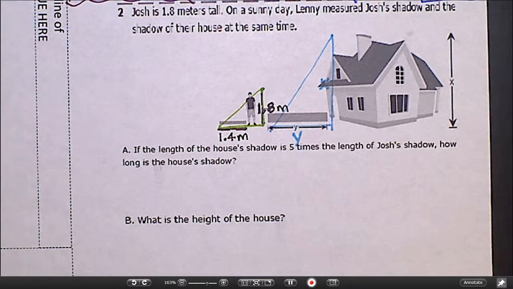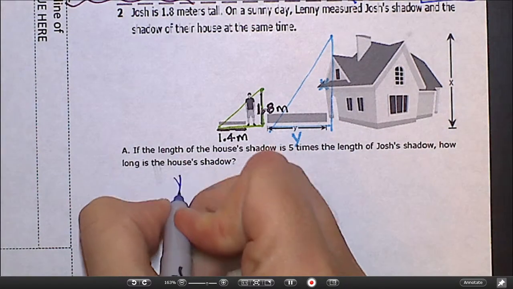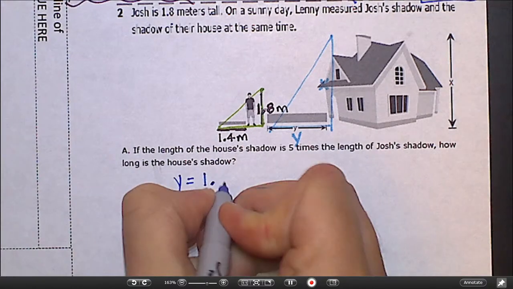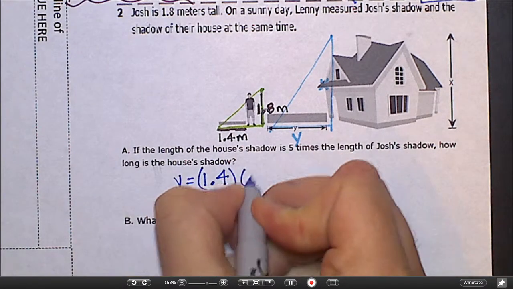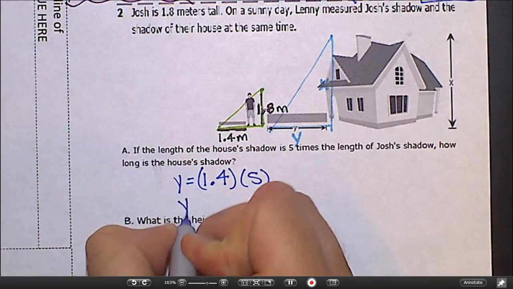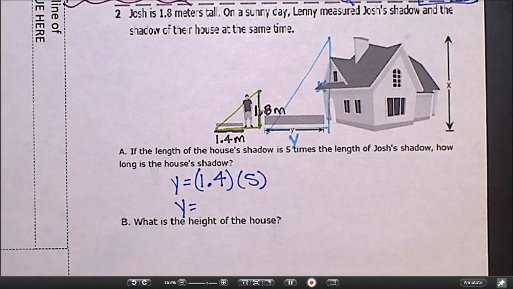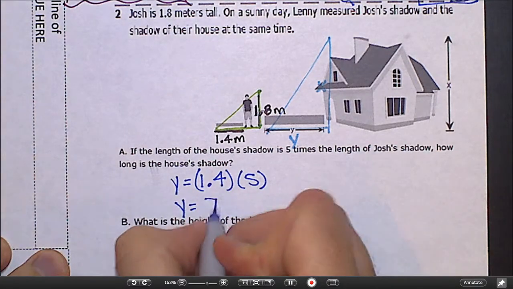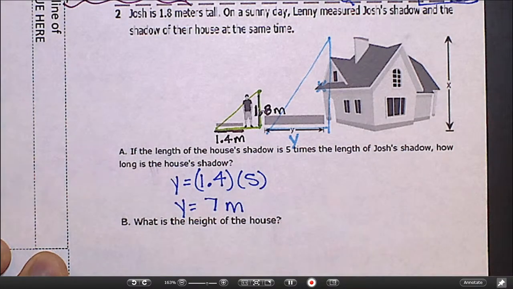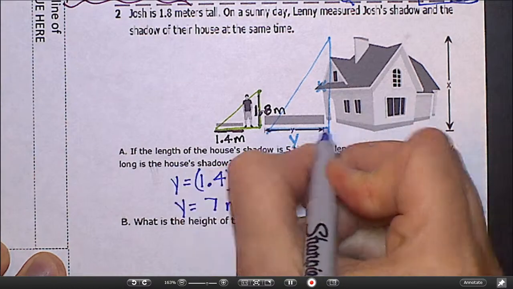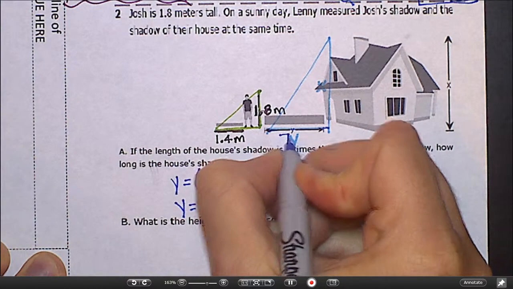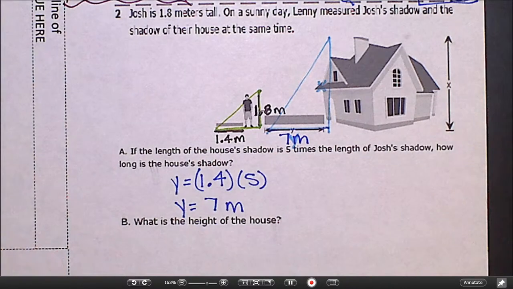So let's go ahead and work that out. y equals 1.4 times 5. So y equals, let's put that in our calculator. So y equals 7 meters. So now I can say this is 7 meters.